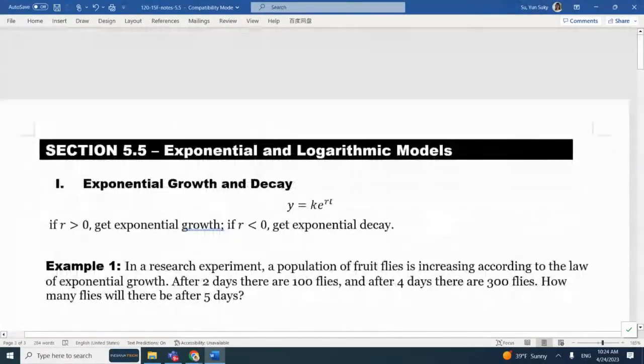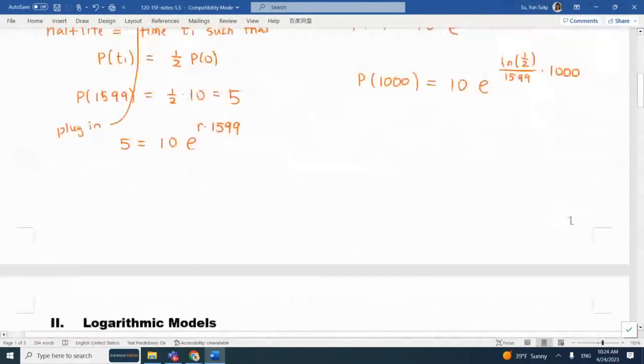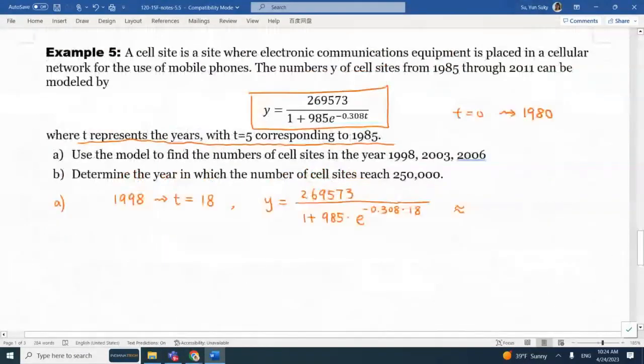The formula you need to know is the exponential model. We expect you know that one. If it's not the regular exponential model, the problem should give you the formula. You don't need to memorize it. So we figure out the T, and then we plug in the formula to find the Y.